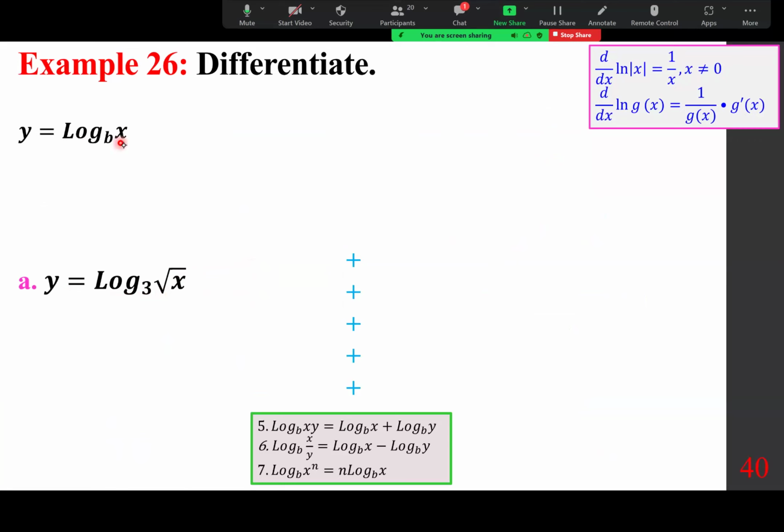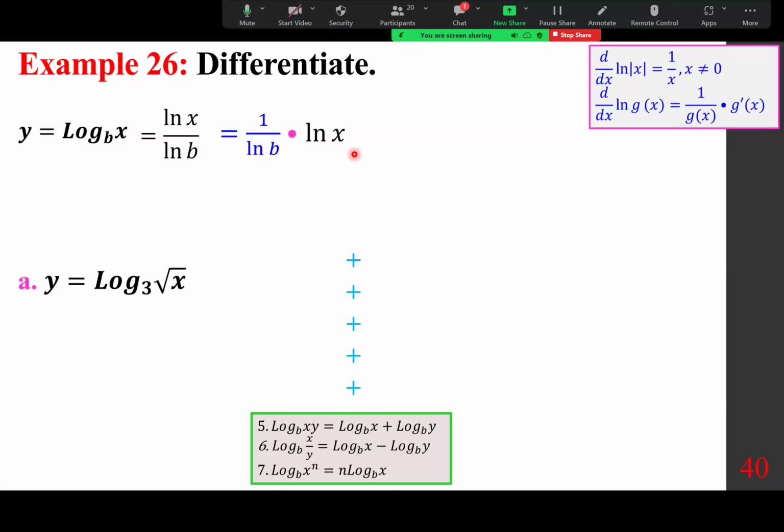Log x base b, based on the change of base formula, is ln x over ln b, which means 1 over ln b times ln x. What I want to make a point of, these two are identical, and this is just a number. Bear in mind, this is just a coefficient of ln x, a number. 1 over ln b is a number. When you keep it as ln b, it's an exact answer.